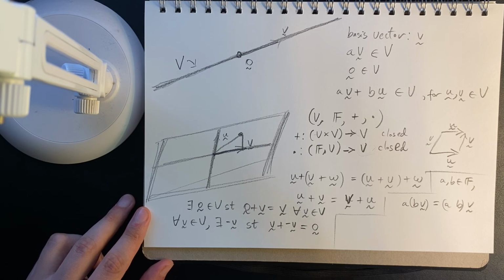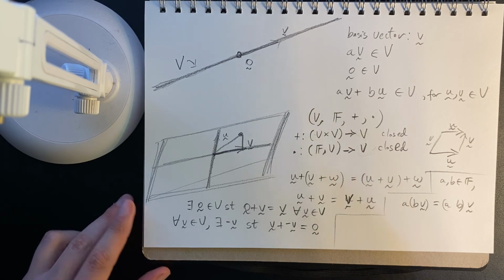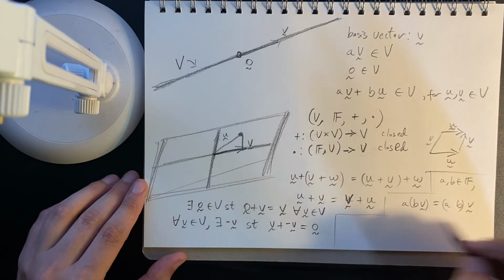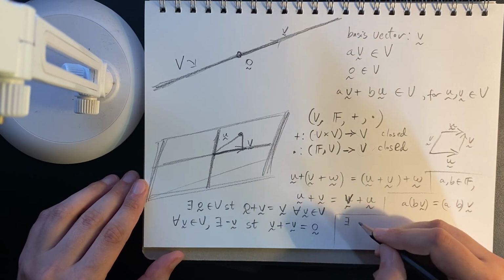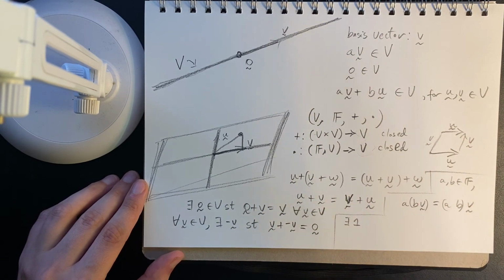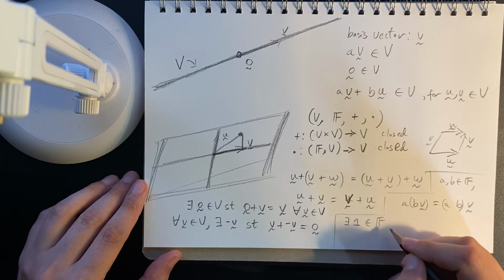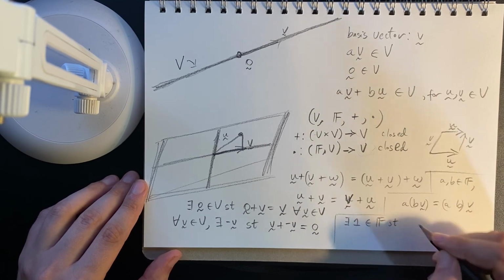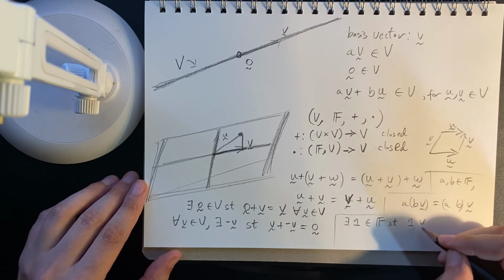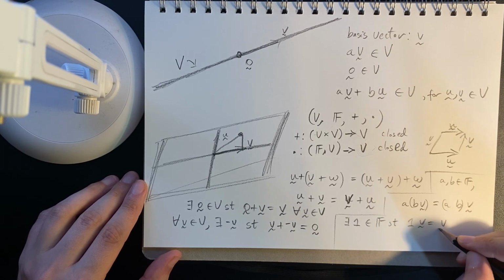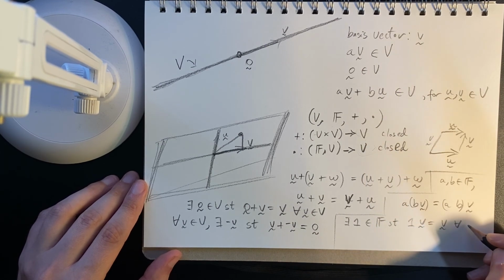Then we will have an identity element for scalar multiplication. So we'll say there exists, and again, it's commonly called 1, but it's really the identity, an element in our field such that if I multiply that with the vector, it keeps the same vector for all vector elements.